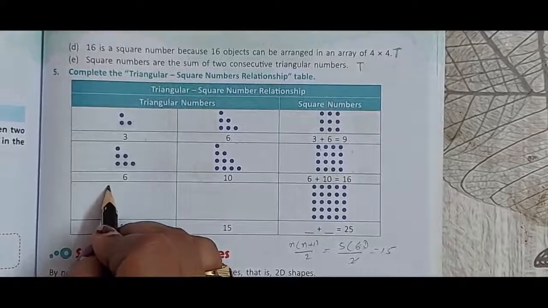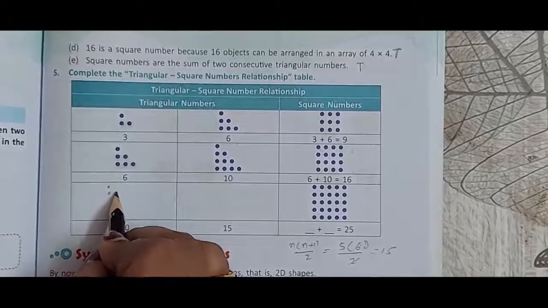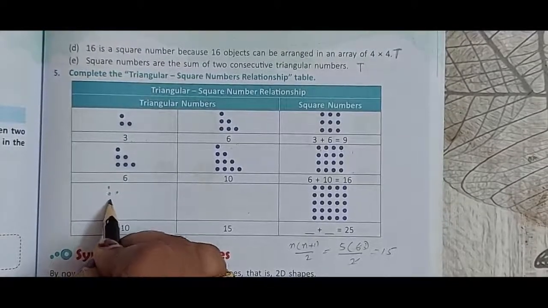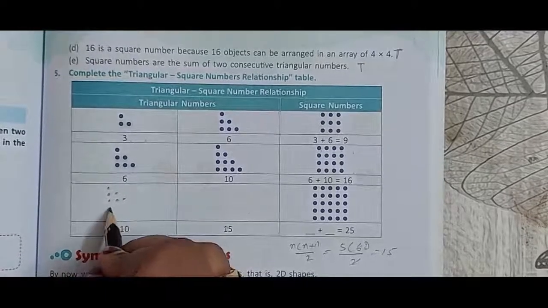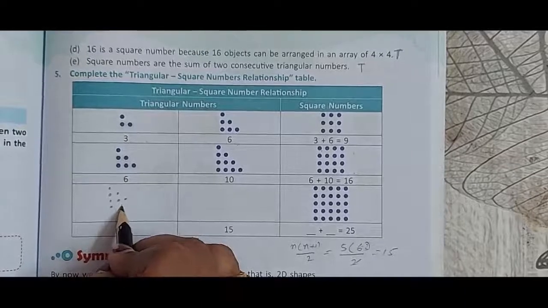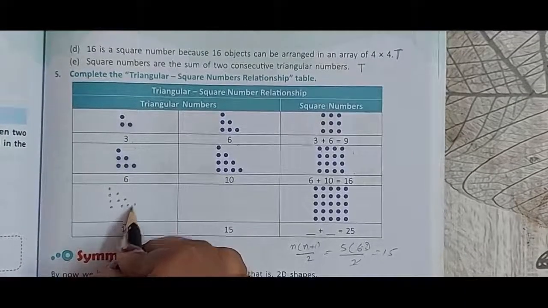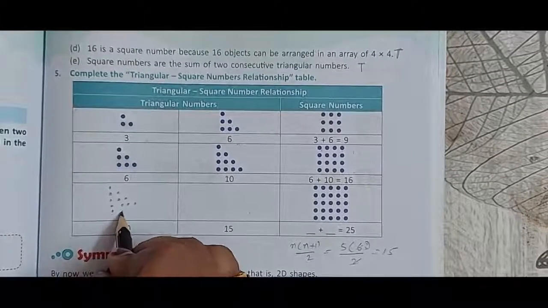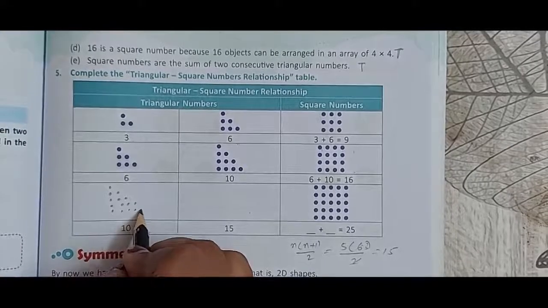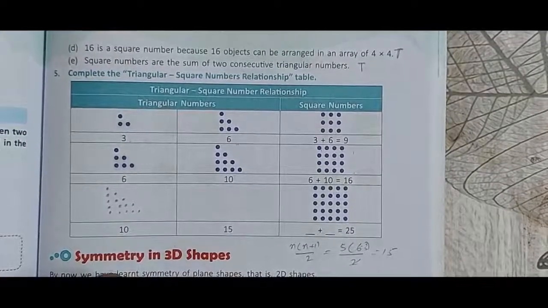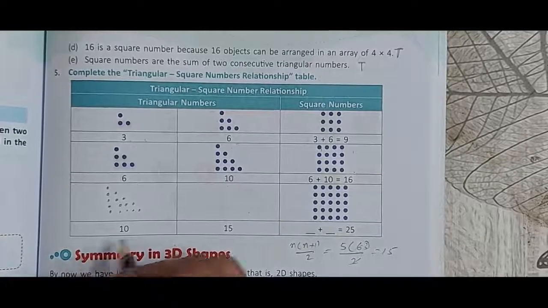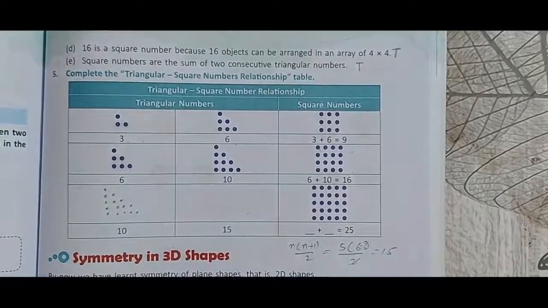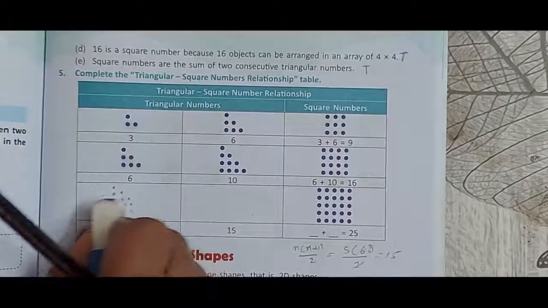So for that, what you will do here: 1, 3 is over, 6 is over, next 10 is over, then you have 15. Sorry, this is actually up till 10 only. Here we have to make 15.